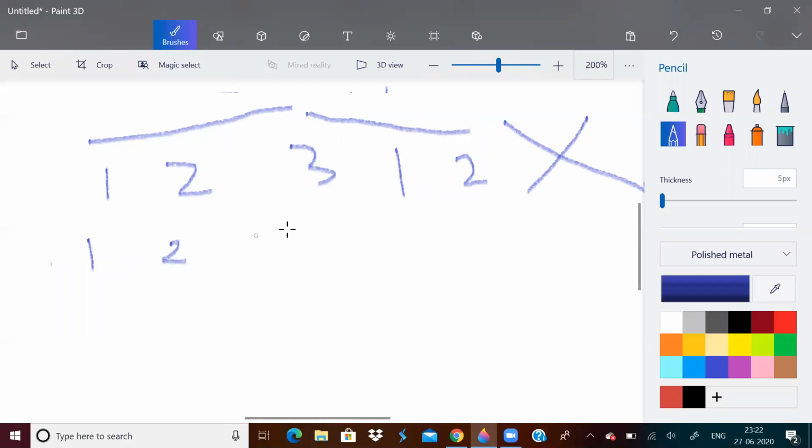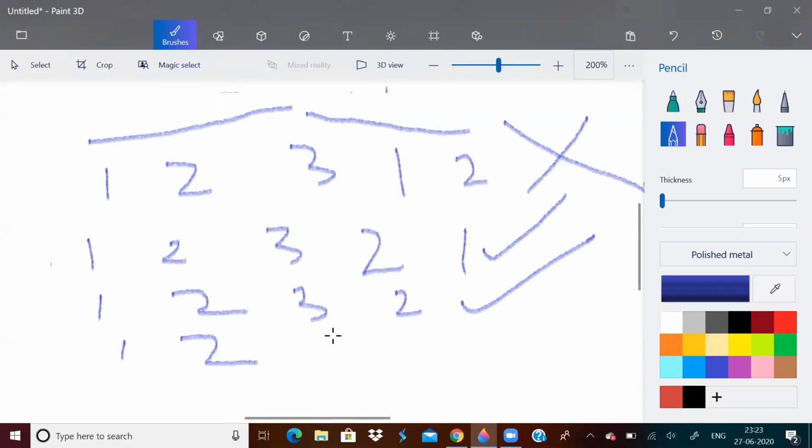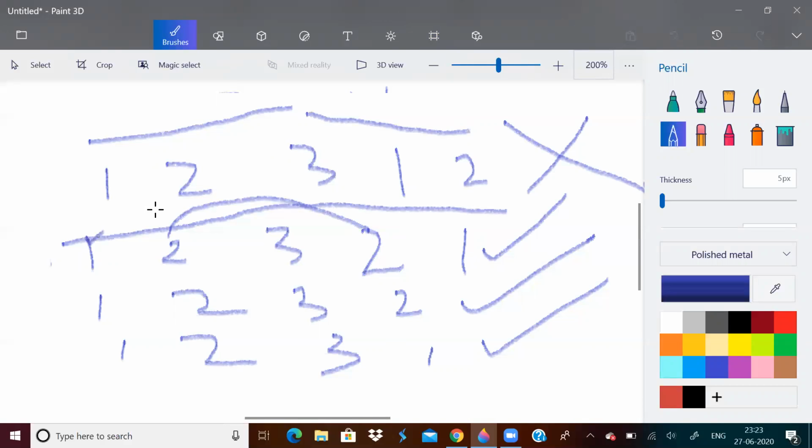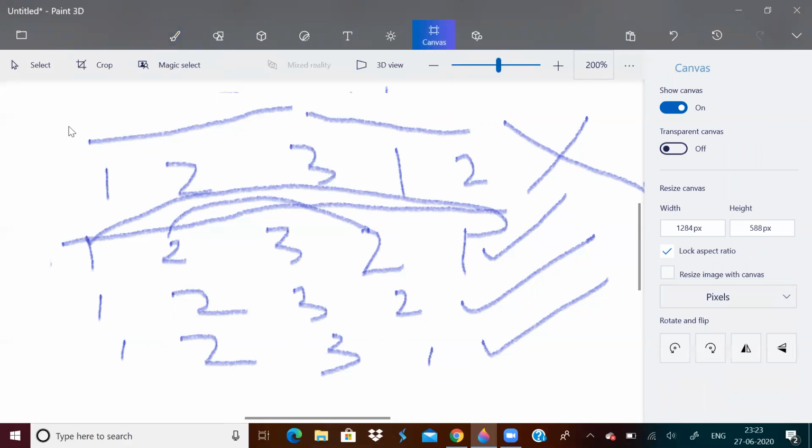So it can do this, or it can do this, or it can be like this. So what is the common understanding here? Until here it will increase and then decrease. Okay. But observe 1, 2, 3, 2, 1. So these two are matching. But that does not help here. Let me erase this once again.